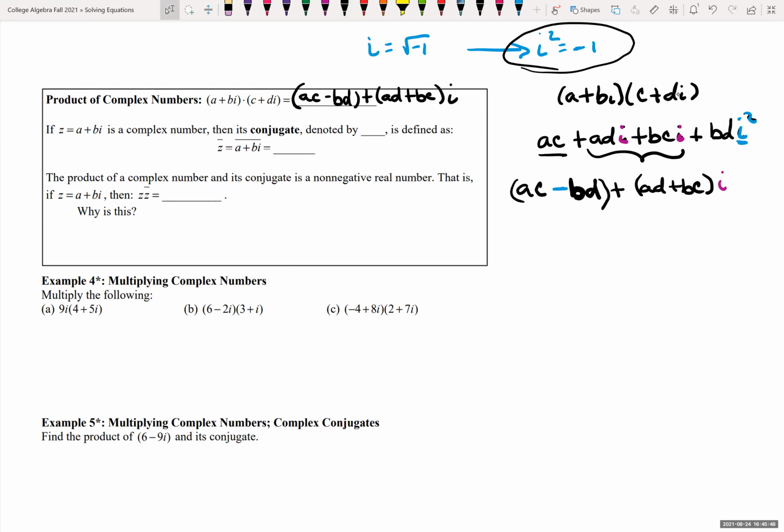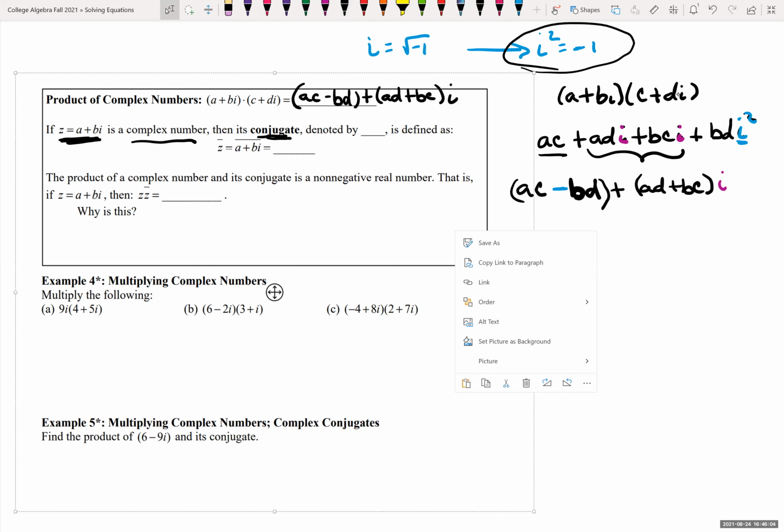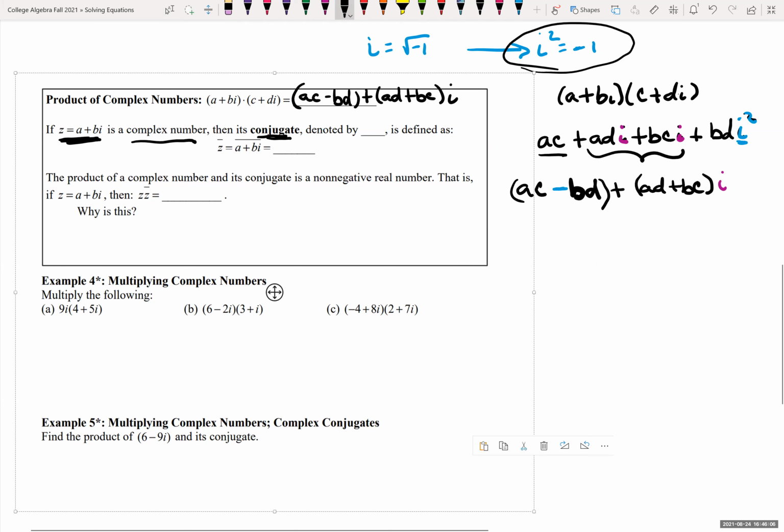So remember, a plus bi is a complex number in standard form. If we call z a complex number, a plus bi, then its conjugate, we use the conjugate a lot, like the conjugate of radicals, is denoted by this bar over the z.